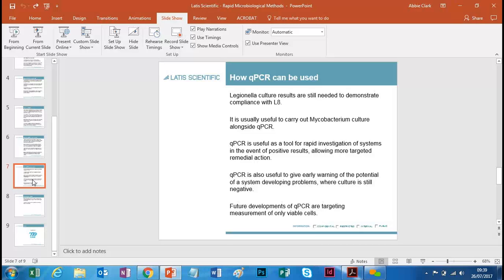particularly critical systems, in the event of getting positive results by culture, whether your positive results by culture were derived from routine screening or investigating outbreaks.